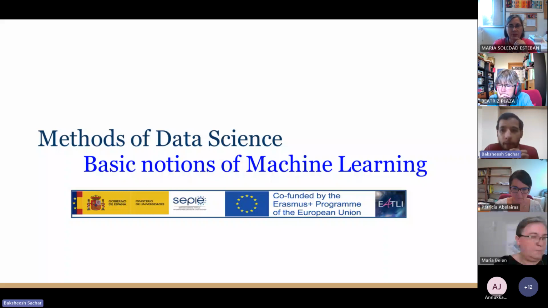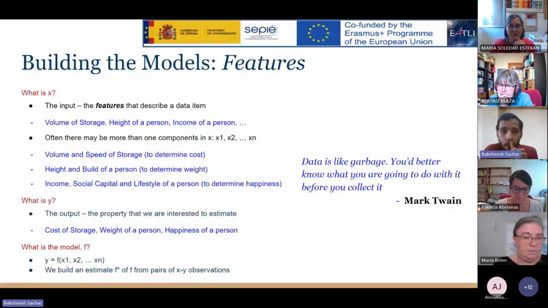Starting with how a model in machine learning basically functions. Any model will have a particular data in it. That data, for example, is X. It would have various features.